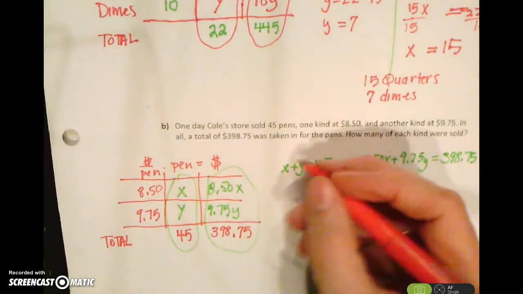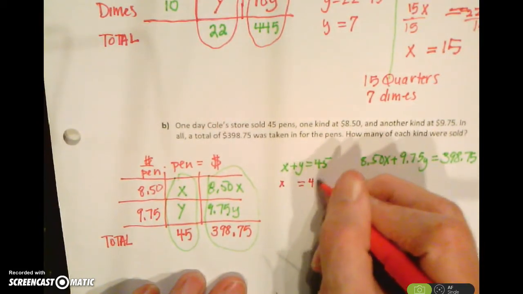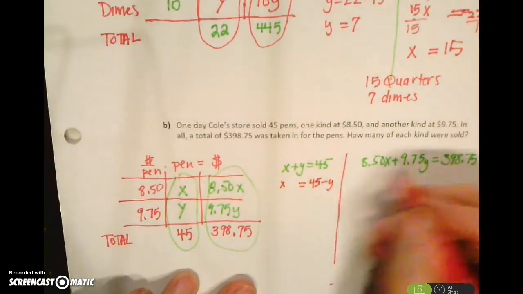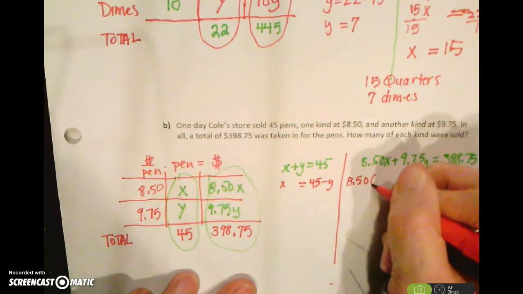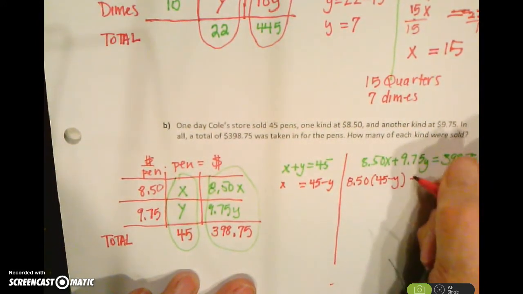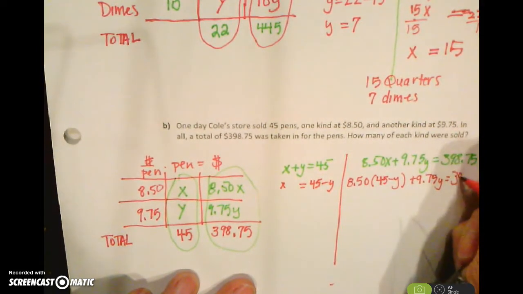So we'll solve. This time I'll subtract the Y, so I get 45 minus Y. I'll plug it in for the X, so I'm going to have 850 times 45 minus Y plus 975Y is equal to 398.75.